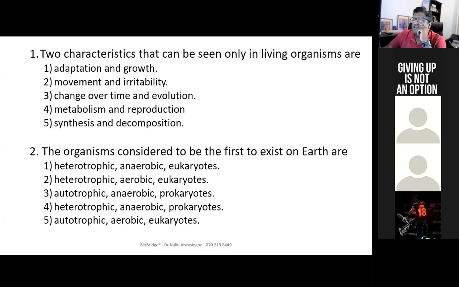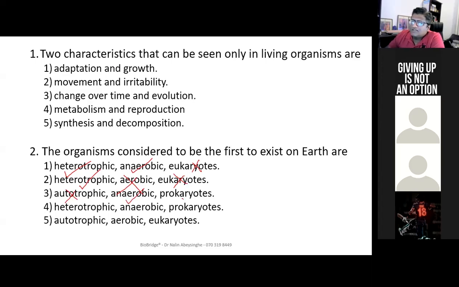The organisms considered to be the first to exist on Earth are. We talked about this. Yes, heterotrophs were there, anaerobes were there, but eukaryotes were not there. Autotrophic? No. Anaerobic? Yes.